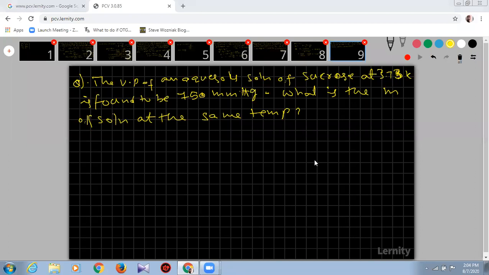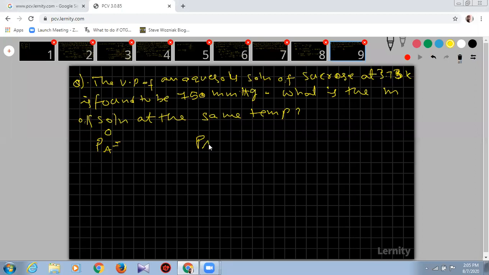Okay, our time is going to finish, so I will do it now. Here, the vapor pressure of the aqueous solution of sucrose at 373 Kelvin is found to be 750 mm. If it is a pure solvent, you can represent it as PA naught, as I told you, with superscript.